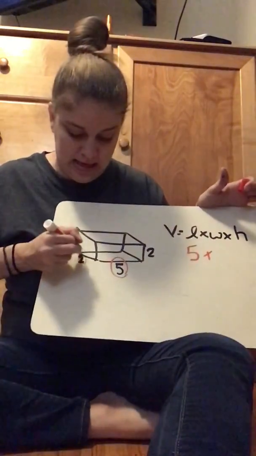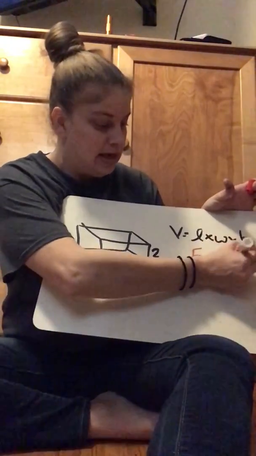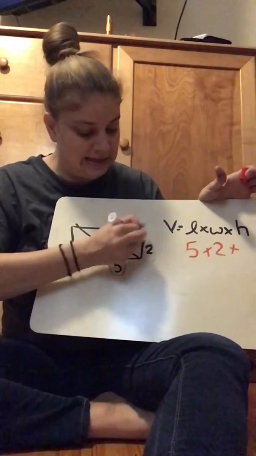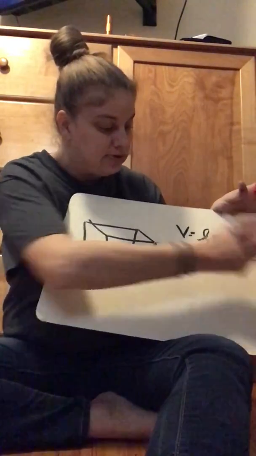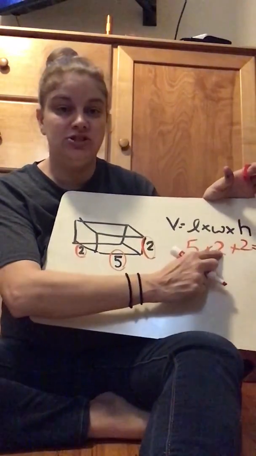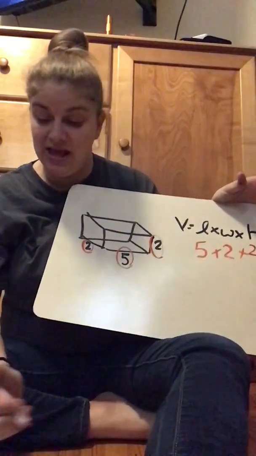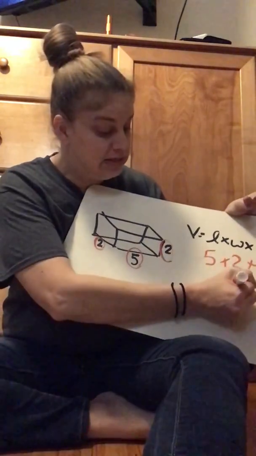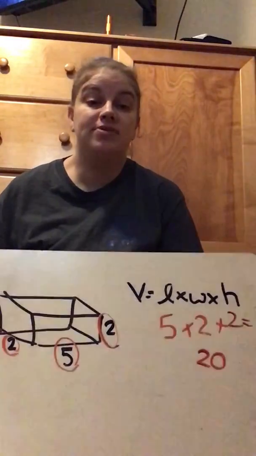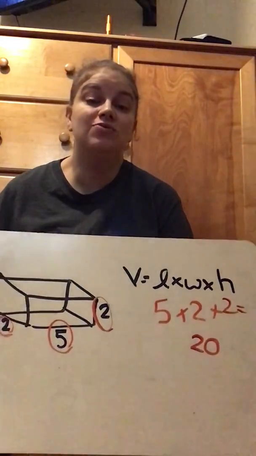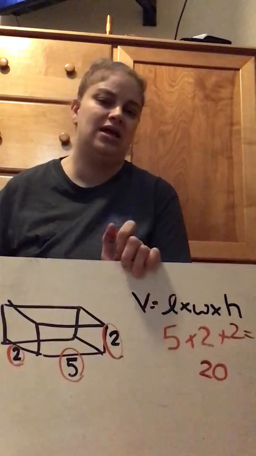My width is 2. And then my height is 2. So I would do 5 times 2 times 2. And 5 times 2 times 2 is 20. So that is how you would find the volume. 5 times 2 times 2, which is 20.